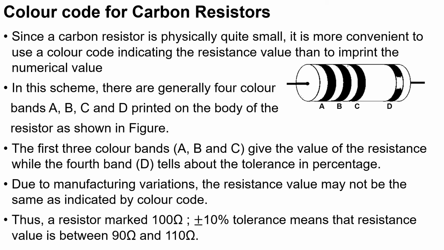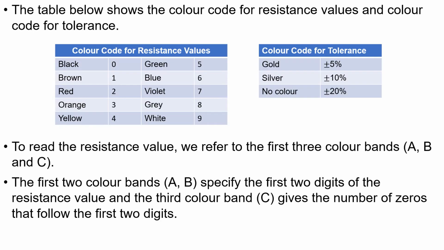Due to manufacturing variations, the resistance value may not be the same as indicated by color code. Thus, a resistor marked 100 ohm, plus or minus 10% tolerance means that resistance value is between 90 ohm and 110 ohm. Below, we show the color code for resistance values, and color code for tolerance.